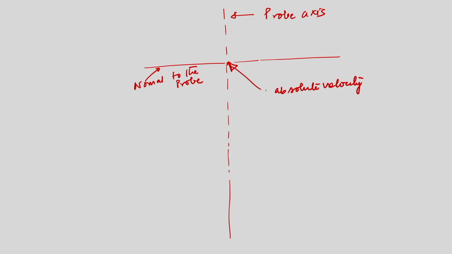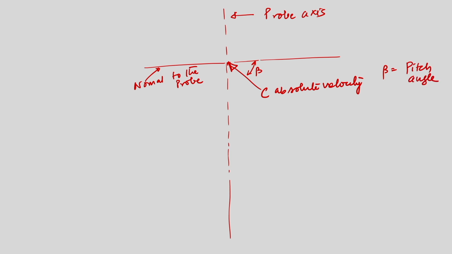This C makes an angle beta, and this beta is known as the pitch angle.